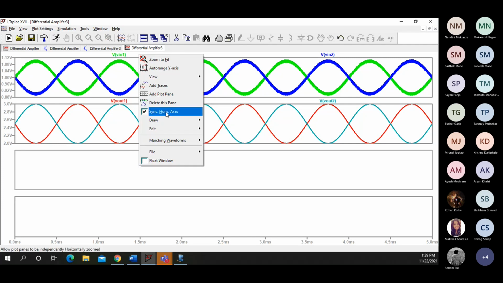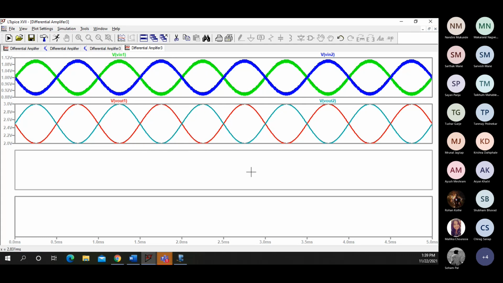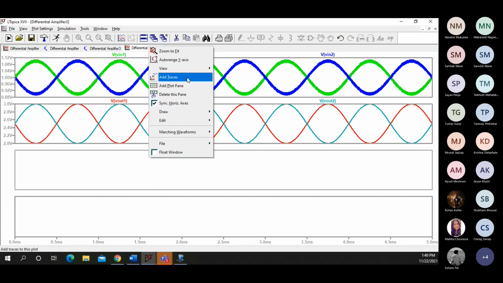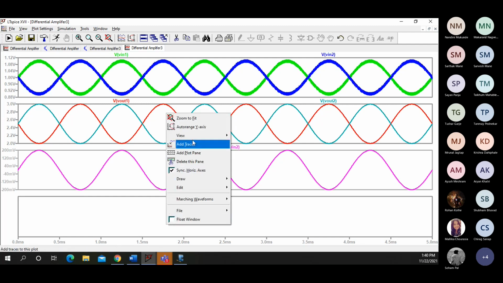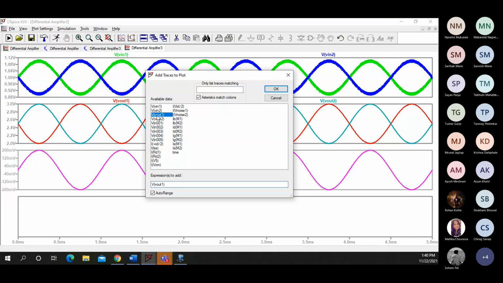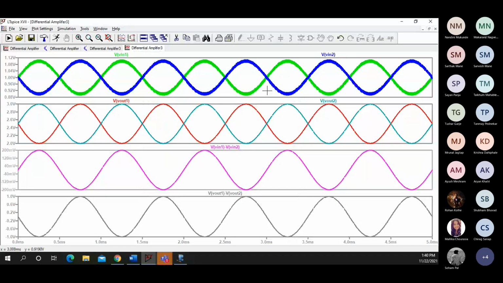And here, when you see the difference, V in 1 minus V in 2 is this, and when I add the trace V out 1 minus V out 2, you can see that even if the input is noisy, the output is not noisy. So can you see what has happened?